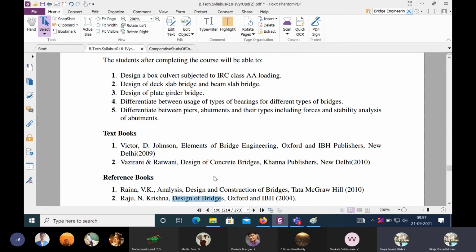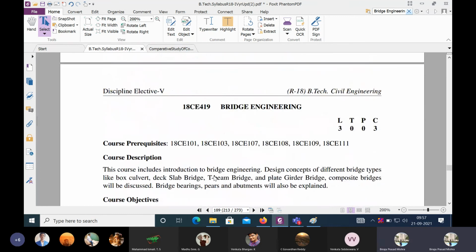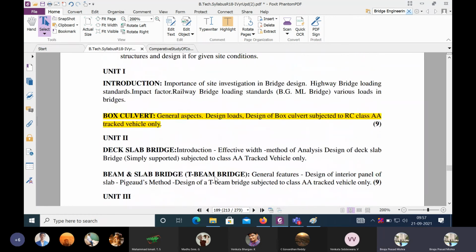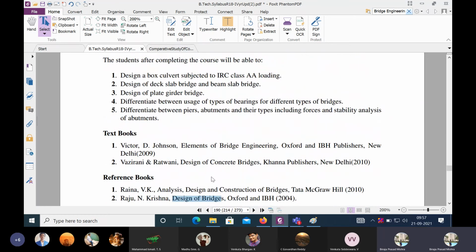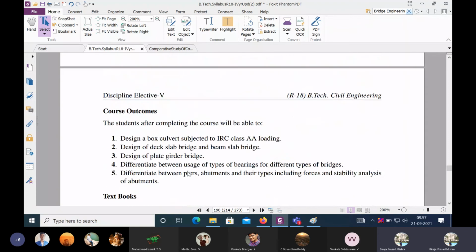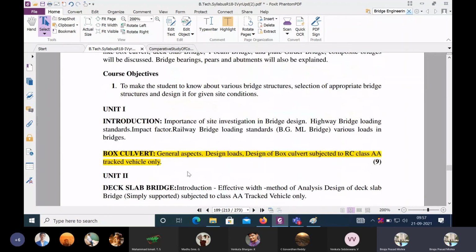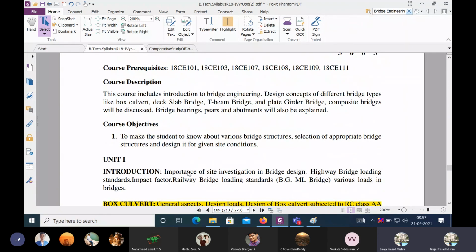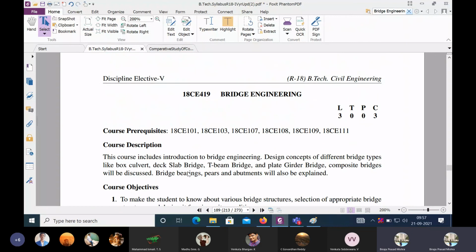That's it. I hope all of you are made aware of the syllabus of bridge engineering, and we will learn about this in the coming classes.